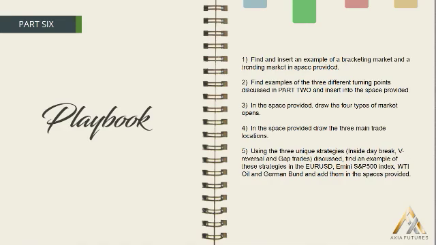Then the next question: find examples of the three turning points we discussed in part 6 and insert them in the space provided. Again, pay special attention to differentiating between the slow loss of momentum top, the excess top, as well as then the extreme excess top.